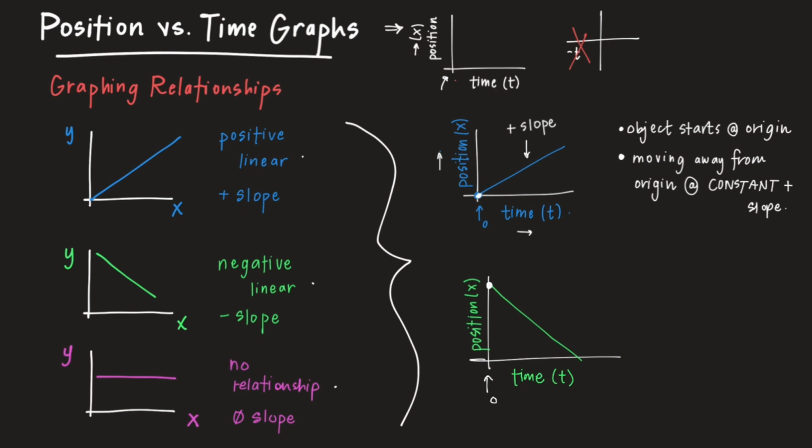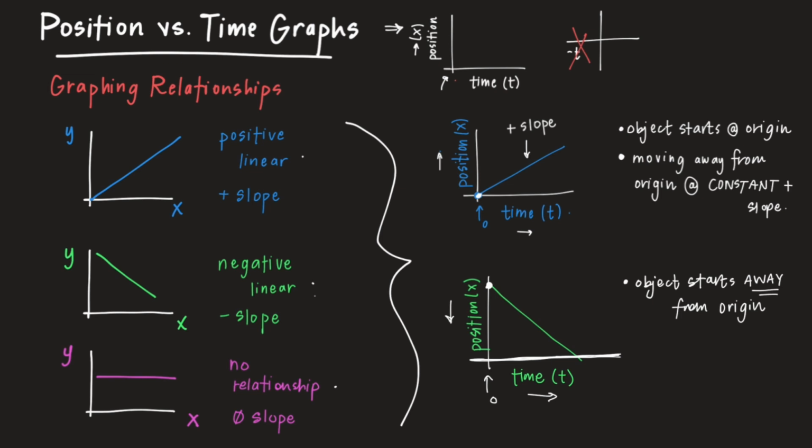It's at some positive position. So the object starts away from our reference point, because our origin is just that x-axis line. That's our origin point.